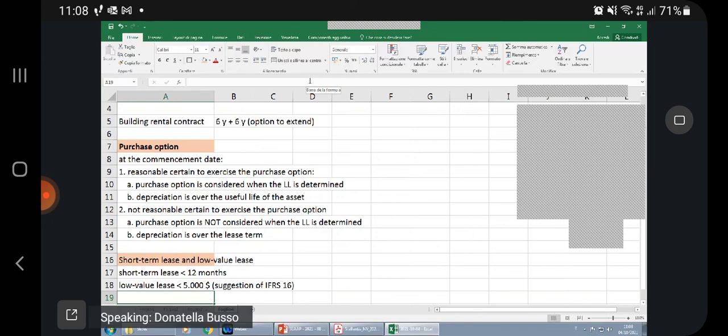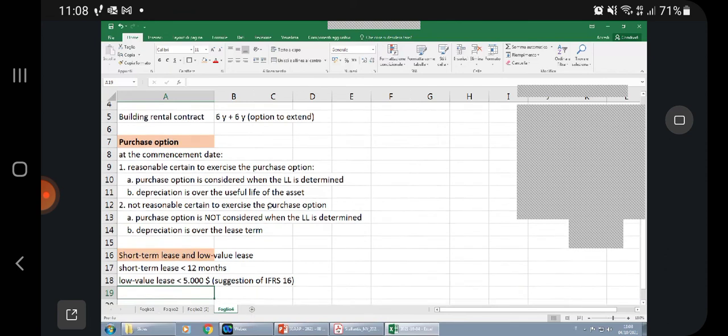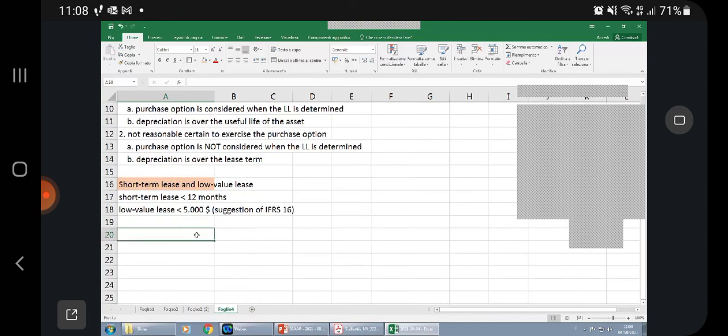Okay? So for short-term and low-value leases, there is the possibility for the lessee not to apply the right of use accounting model. Okay? So the lessee can decide not to apply the right of use asset model. Okay?